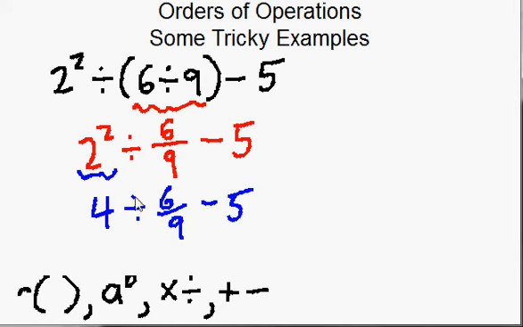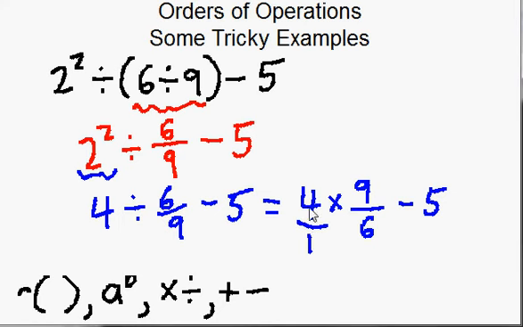Now remember, when you're dividing by a fraction, it's the same as multiplying by the reciprocal of that fraction. So this turns out to be 4 times 9/6 minus 5. Now how do you multiply fractions? Well, if you have a whole number, you can turn it into a fraction by doing 4 over 1. So remember, multiplying by fractions is you just multiply through by the numerators and then multiply through by the denominators.